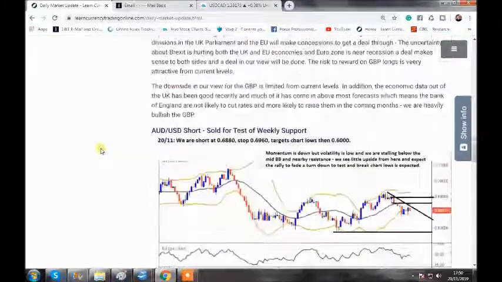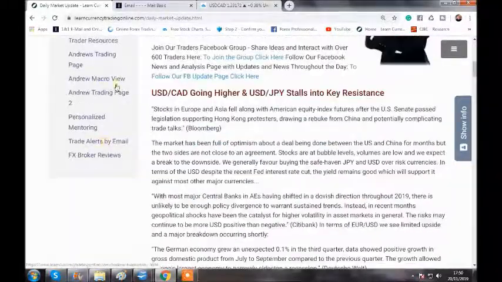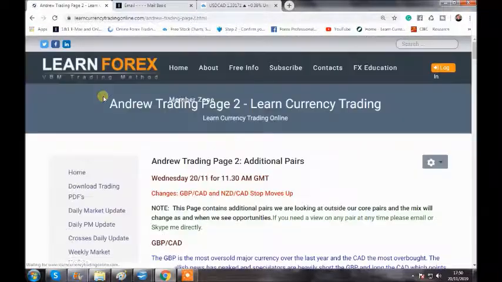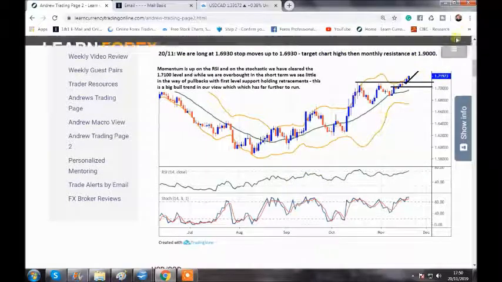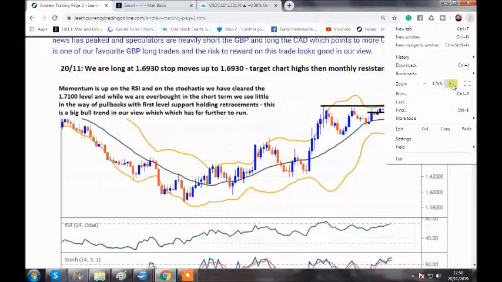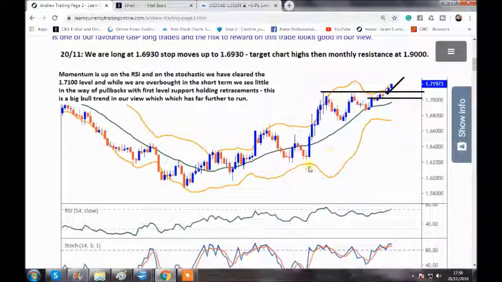So going quite nicely. Now let's look at a pair that we've been bullish of for a while, which is GBP CAD. It's still got a long way to run in our view. Let me just go and find it. It's going to be here. Now what we like about GBP CAD is CAD for us is obviously the most overbought major, and despite the big move up in the GBP, it's still oversold. I said in a video at the weekend, if you saw it, to buy a break of 171.